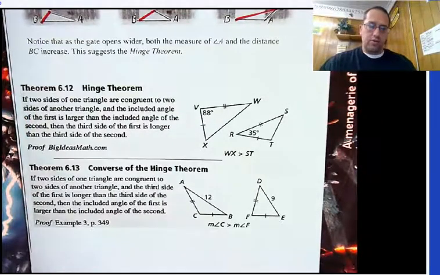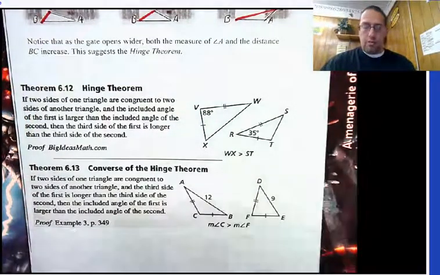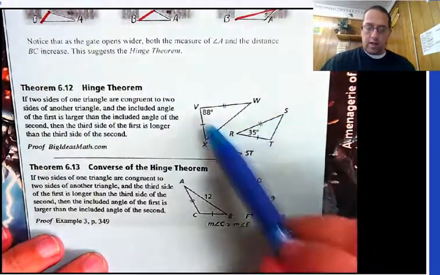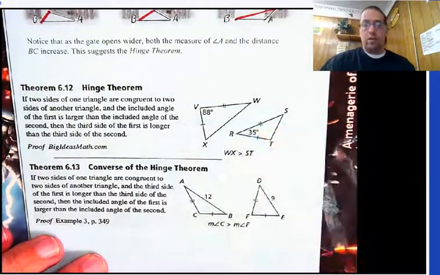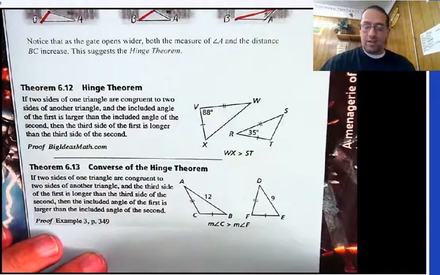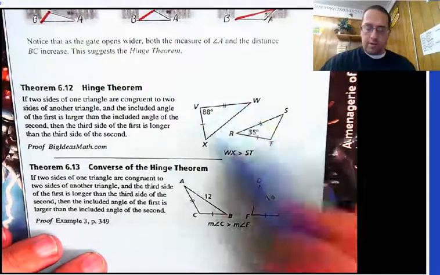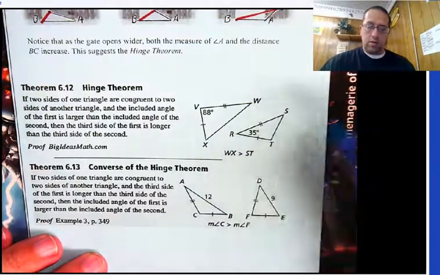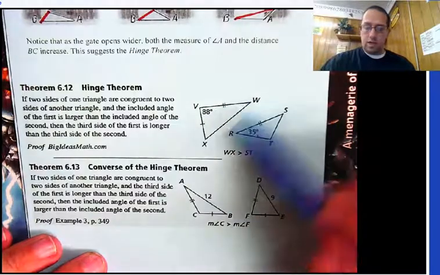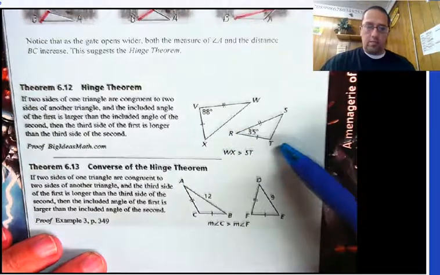That's the Hinge Theorem. The important thing here is that you have two congruent sides and the angle in between those two congruent sides. This doesn't tell us anything at all about those other two angles. All it tells us about is the included angle and that third side.